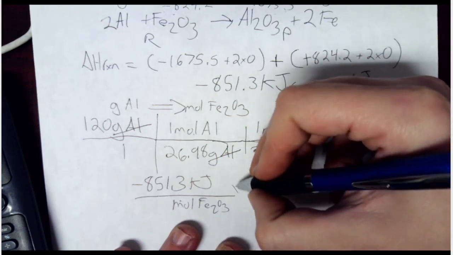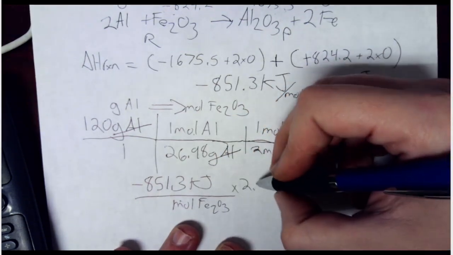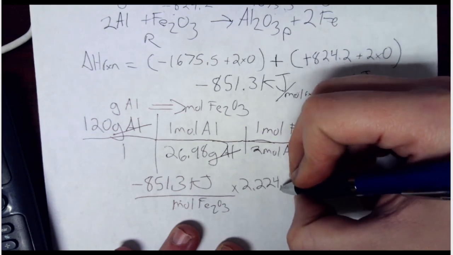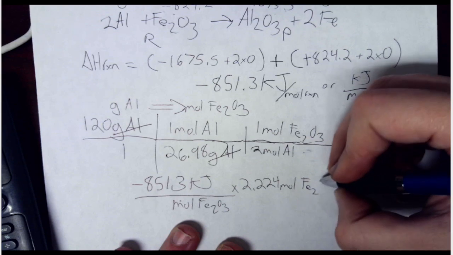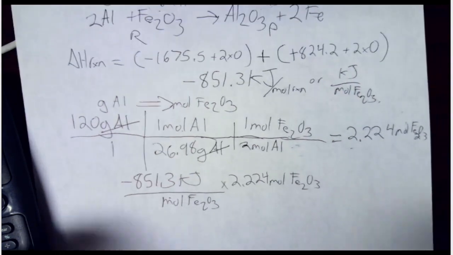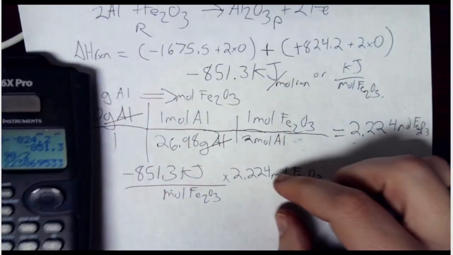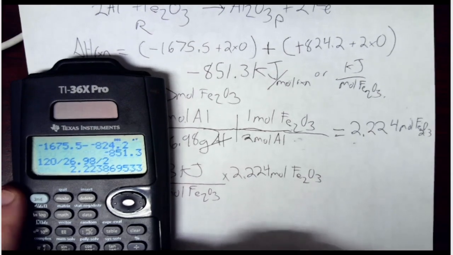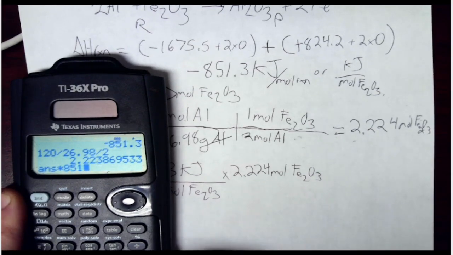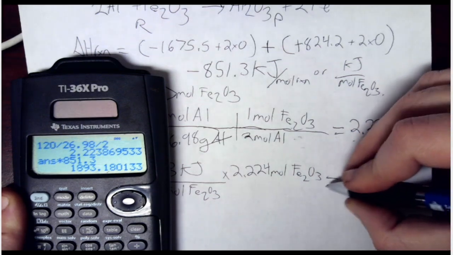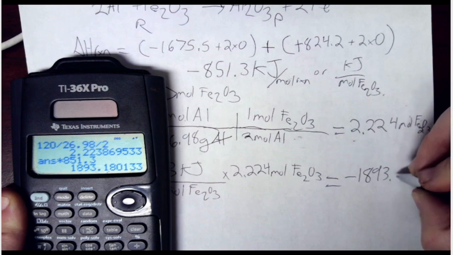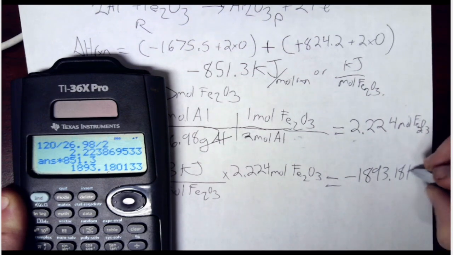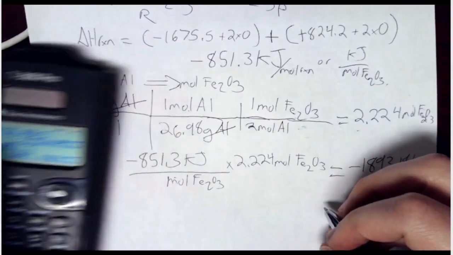If I use 2 and then some moles of Fe2O3, I'm going to figure out how many kilojoules we would produce in total. So I should produce negative 1893.18 kilojoules total.